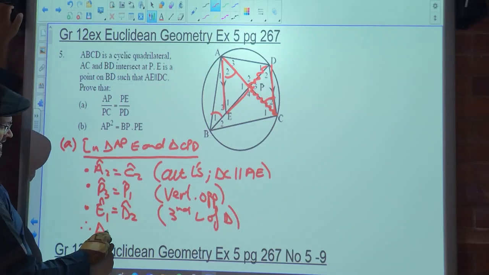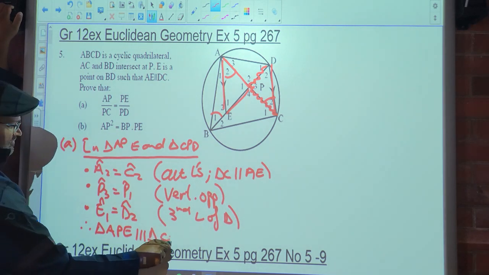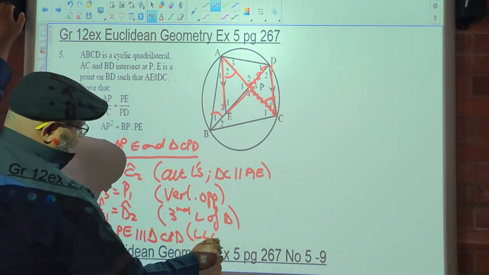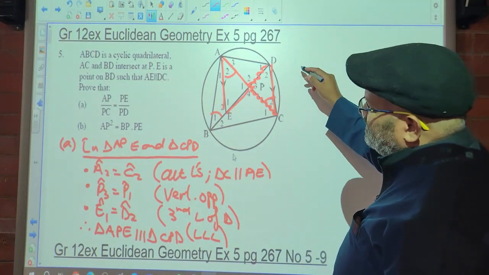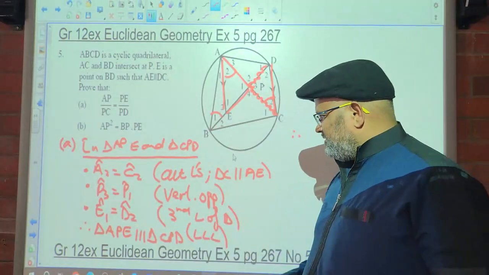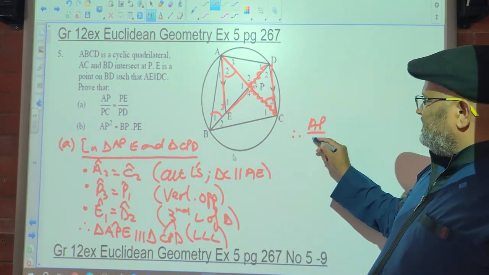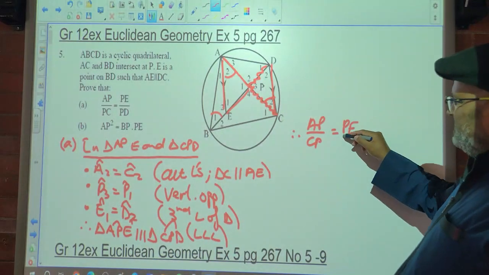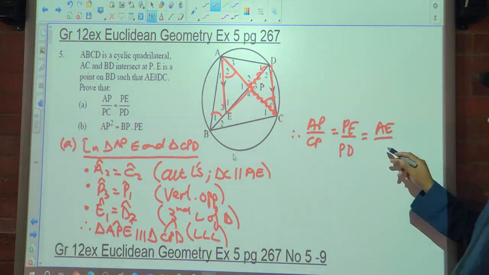So therefore, triangle APE is similar to triangle CPD. And my order was correct initially. The reason here, angle, angle, angle. So what's going to follow that? We need to then say therefore, AP over CP is equal to PE over PD equals AE over CD.